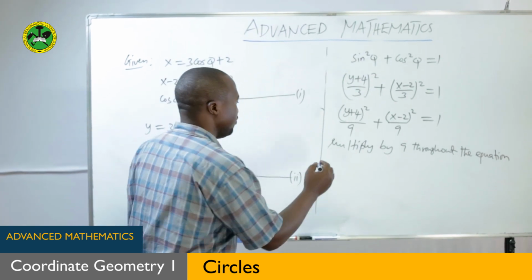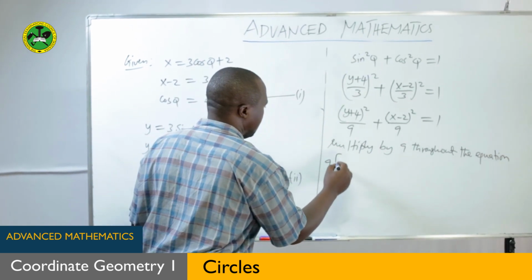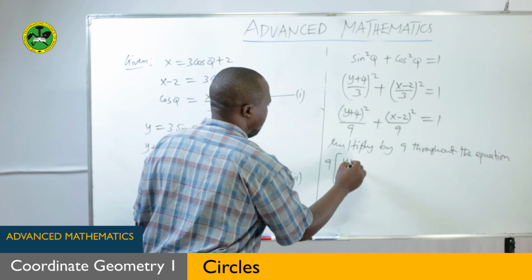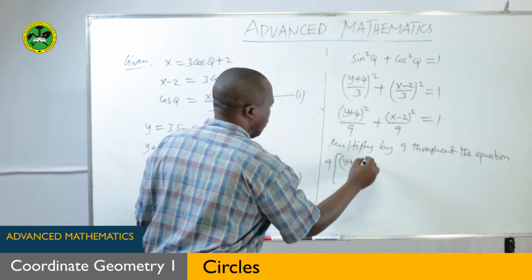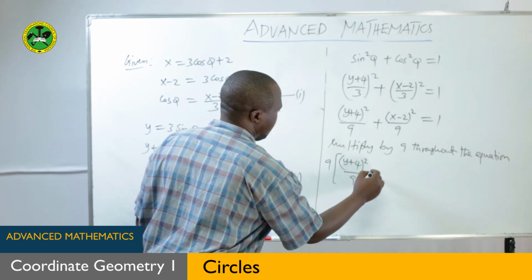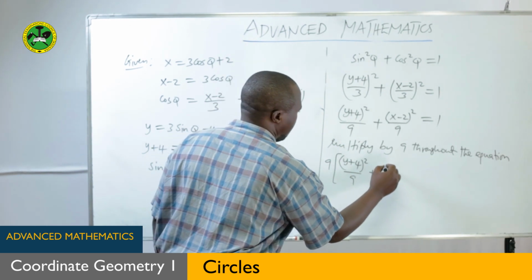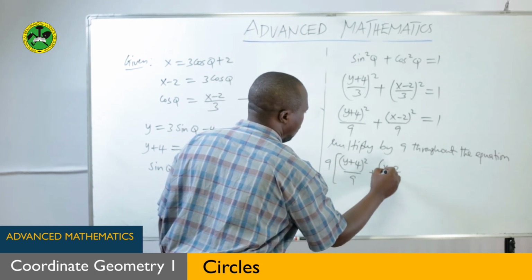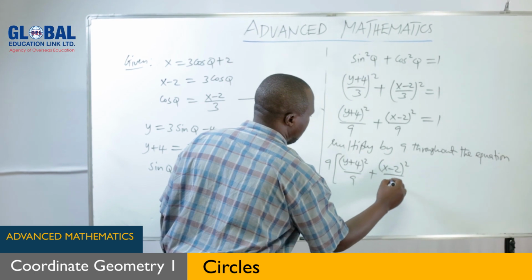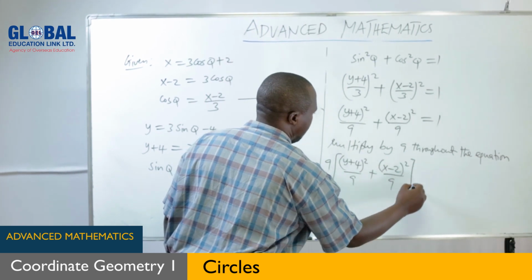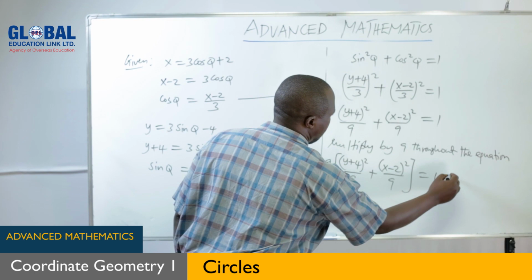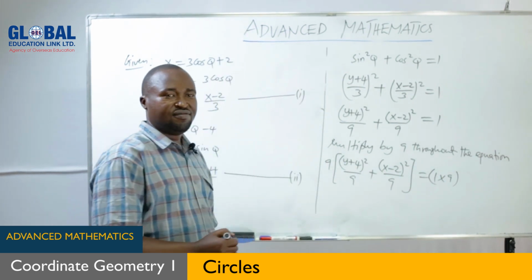So we are going to have 9 times y plus 4 squared over 9 plus x minus 2 squared over 9, this one is equal to 1 times 9.